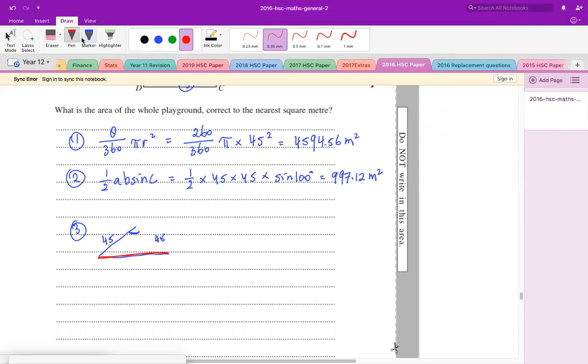Can you see why that's incorrect though? No, that's incorrect because you have an angle. Yeah, it's not 90 degrees. Right. So instead, what can I use? It's the cosine rule, I'm pretty sure. Yeah, it's the cosine rule, right?